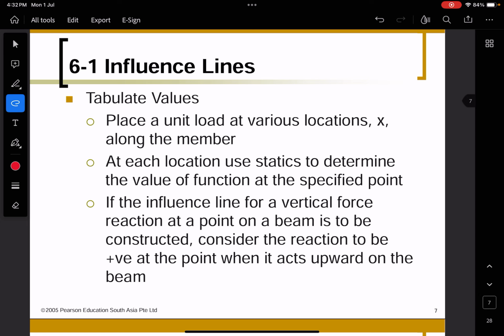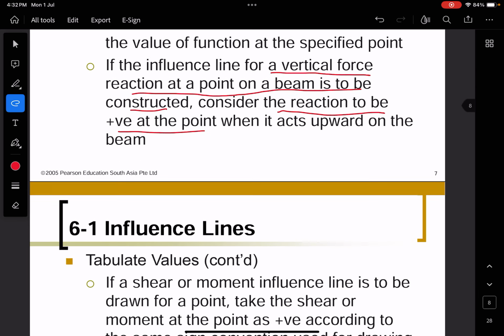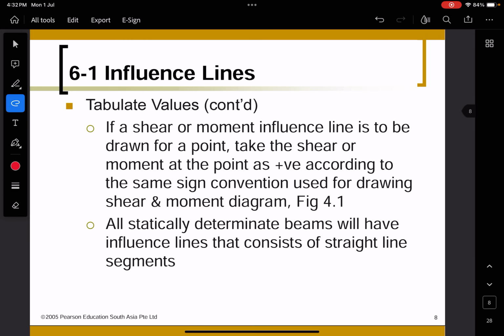If the influence line for a vertical force reaction is to be constructed, then you need to consider the reaction to be positive at the point when it acts upward on the beam. So you need to use the same concept as we used before.